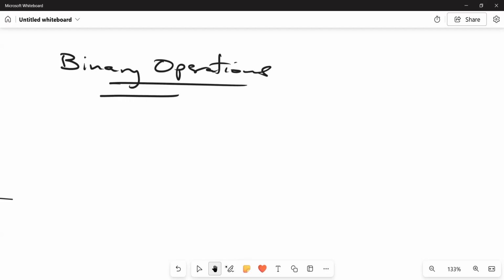For example, and this is a nice one in the notes, the binary operation between x and y is equal to 2x plus 3y. You are defining what you should do with x and y.